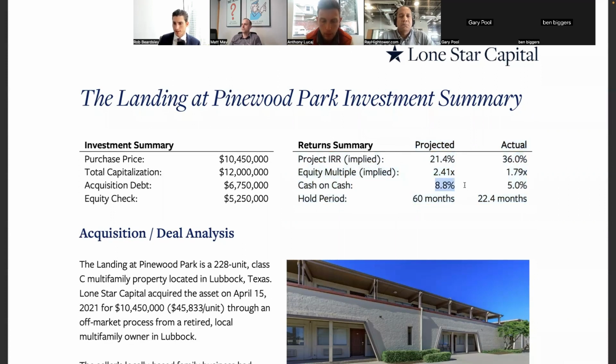Also, the cash on cash, with more time on your hands, usually grows over time, which allows you over a longer period to have a higher cash on cash than a shorter period. In this situation, when we acquired the property, we assumed the seller's existing loan, which was in place since 2016. So it was an aging loan that had been amortizing for a few years.